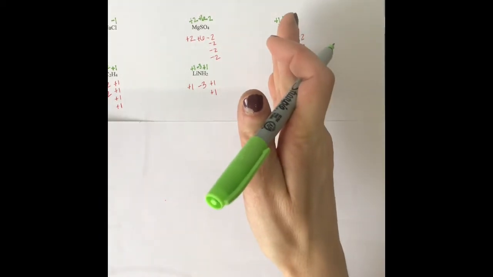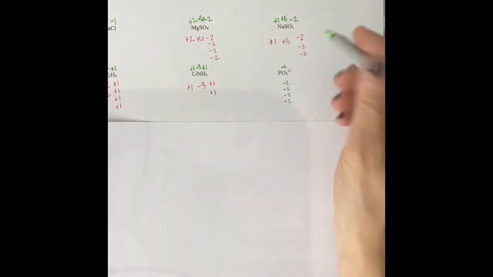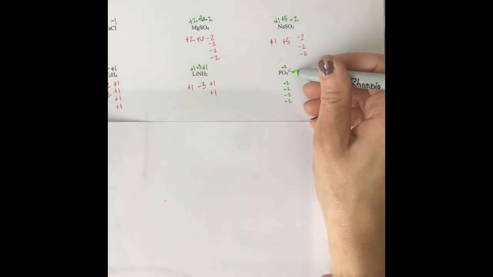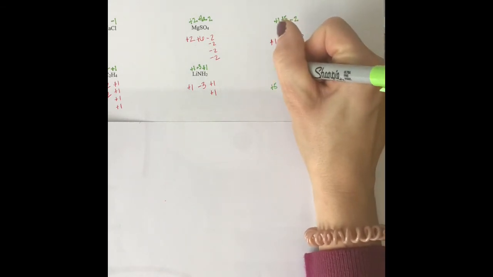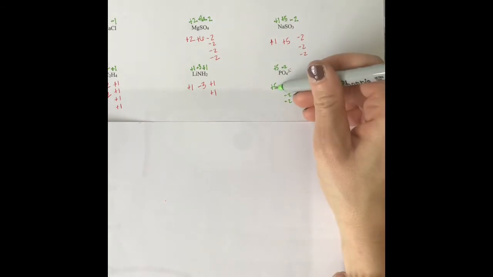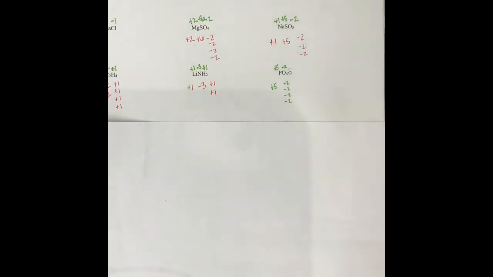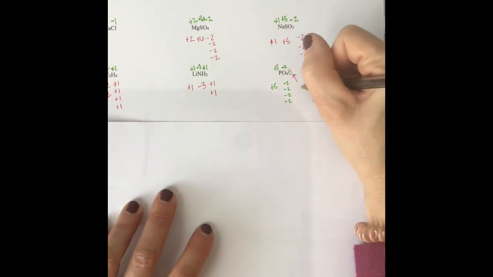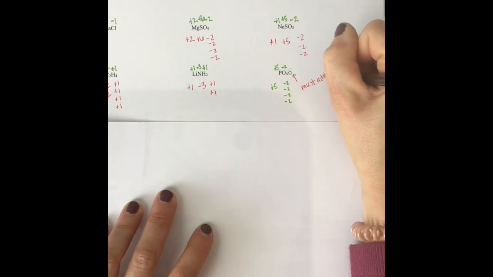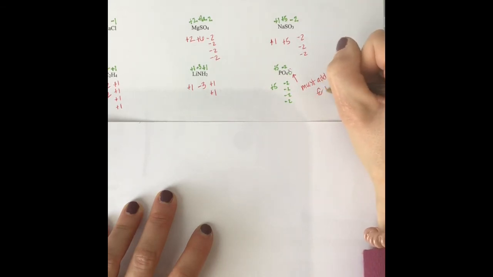What does phosphorus need to be such that when we add this together, we're still left with -3? That would make phosphorus a +5, because +5 and -8 leave an overall charge of -3. You might write yourself a note there: must add to -3 for this ion.